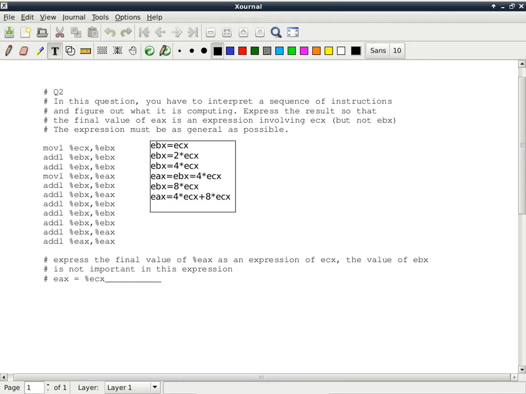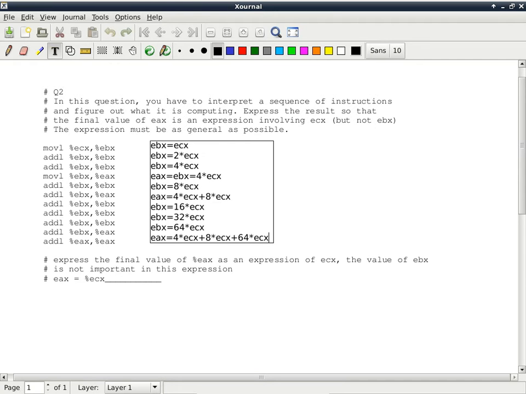And then we double the value of EBX again. EBX equals 16 times ECX at this point. It gets doubled again, EBX equals 32 times ECX, and then it gets doubled again, so EBX equals 64 times ECX. And then we add EBX to EAX again, so EAX is 4 times ECX plus 8 times ECX plus 64 times ECX.